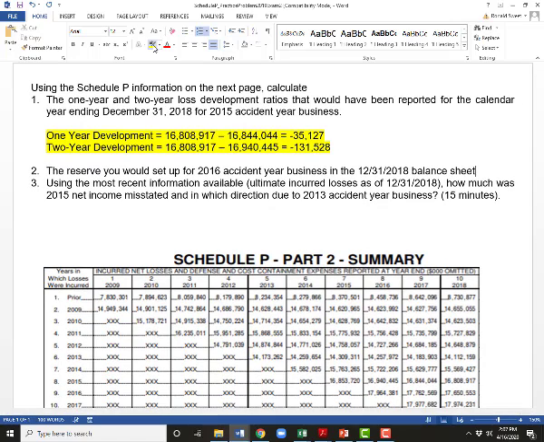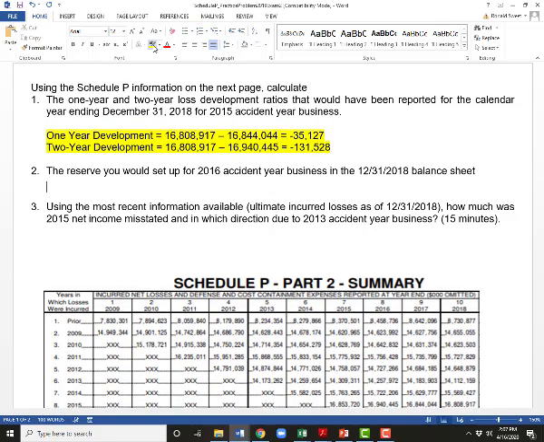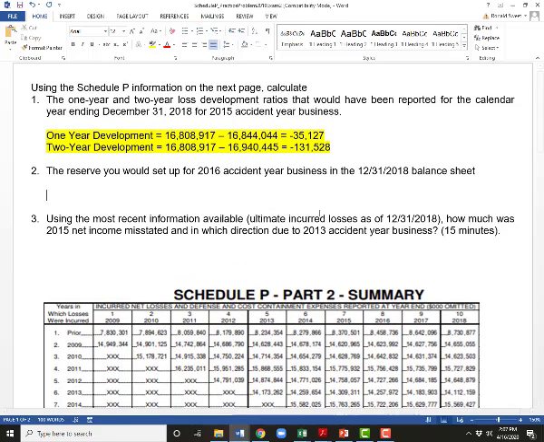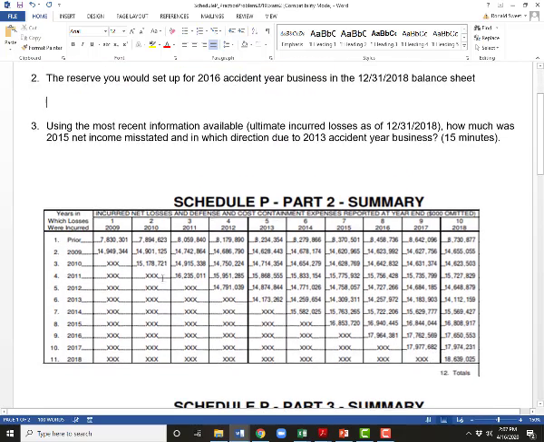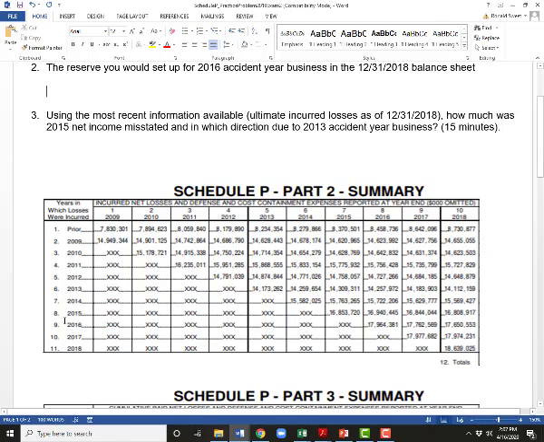All right, so here's the second one. What reserve would you set up for 2016 accident year as of 2018? So for 2016, we expect to pay out 17,650,553. That's the ultimate expected payout minus what we have paid out.